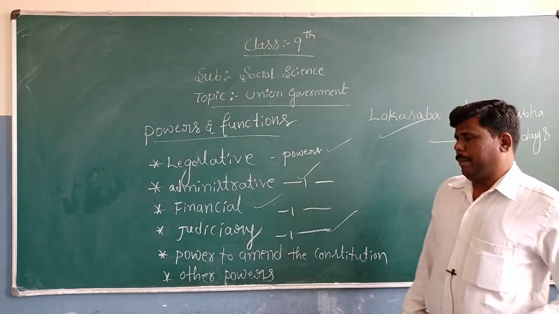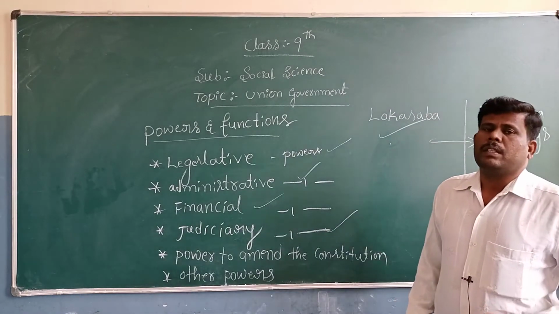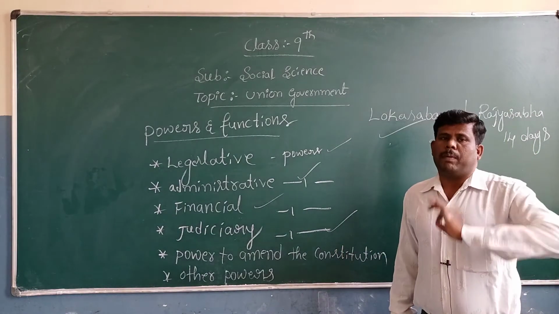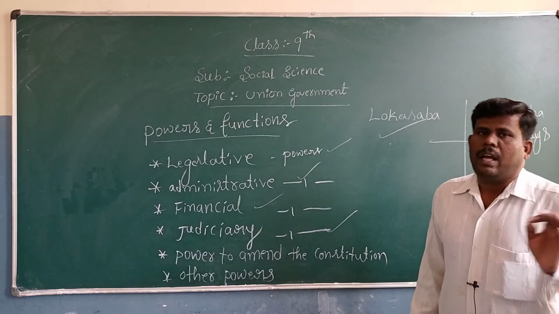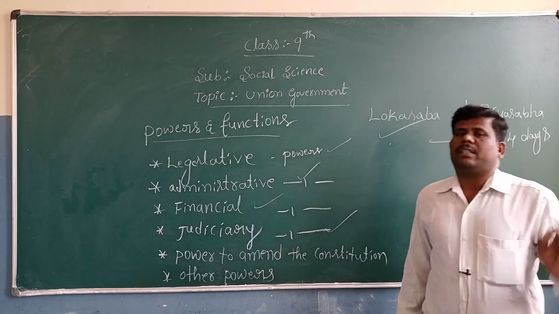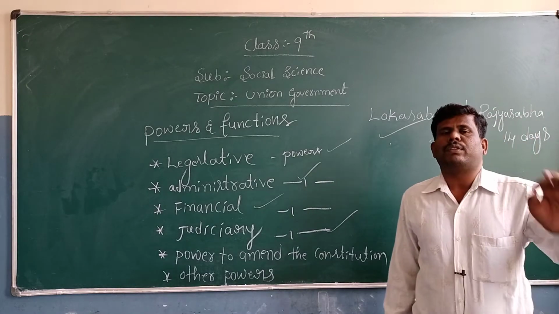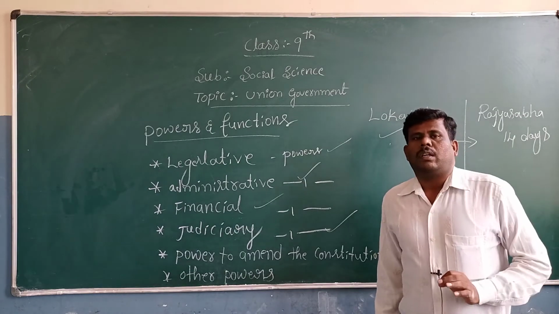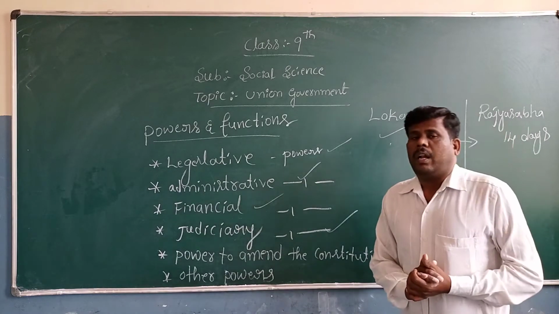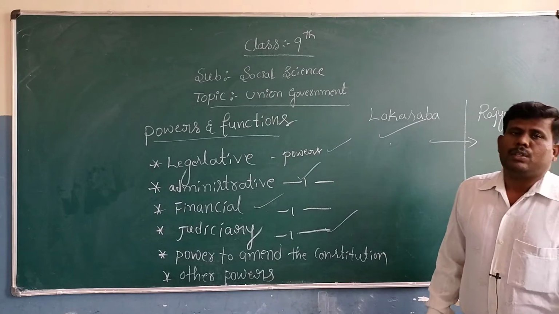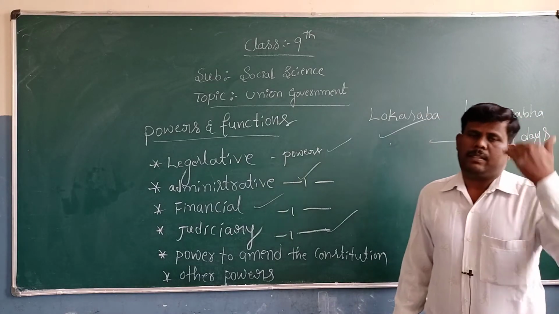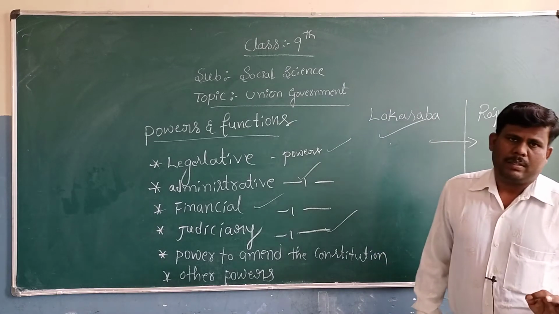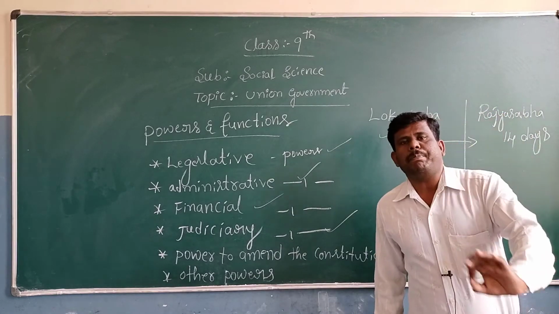Then, judiciary power. You know, children, Lok Sabha and Rajya Sabha members have this type of power. They have the right to appoint the judges of High Court and Supreme Court, and also they have power to remove these judges if they go against the Constitution through impeachment.